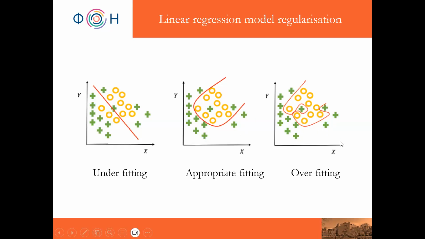So overfitting in fact is not such a good thing for your model. Sometimes it's better to have appropriate fitting, which is not that perfect, but is going to deal pretty well with new values which you are inserting in your analysis. So a problem which regular linear regression has is that the model can be overfitting.